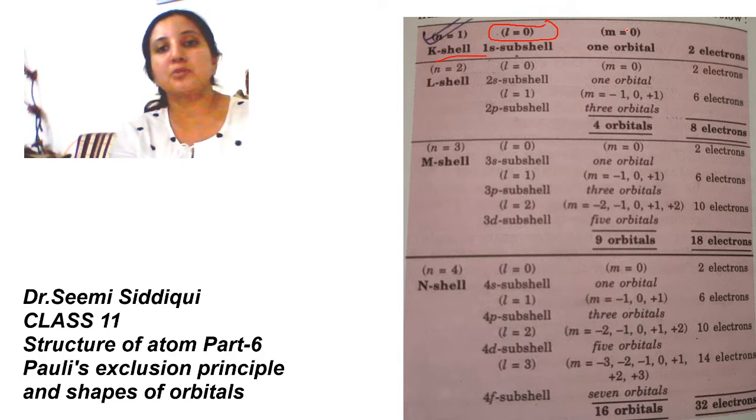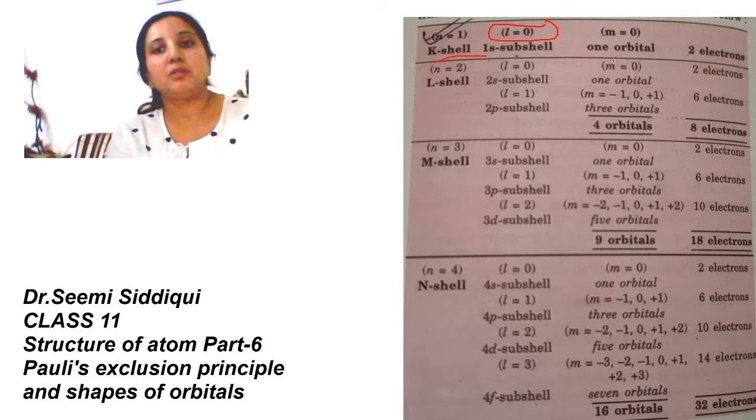Now it is going to have 1 subshell, and then m equal to 0, that is 1 orbital, and again we are going to have 2 electrons.